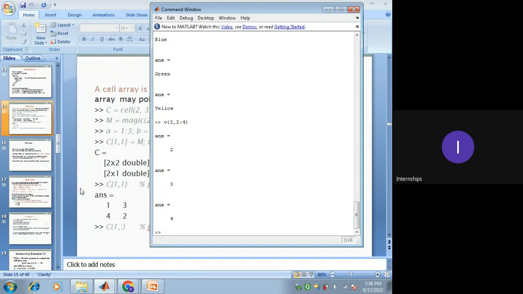Using these commands, you can implement any complex algorithm on the Matlab platform whenever you write any script in Matlab. So these are the main important commands of vector, matrix, and arrays. So this is all about vector, matrix, and array.